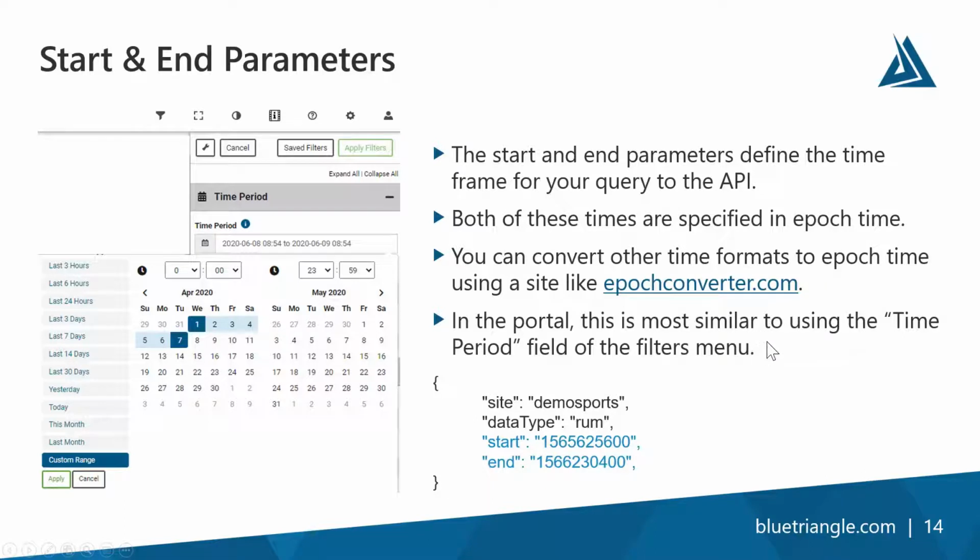It's actually super useful. And as you can see here, we're building the request as we go through these. We got our site, demosports, our data type, RUM, and then we have our start and end epochs. This doesn't need to be in a string format. It can also be an integer. Either way should work fine.